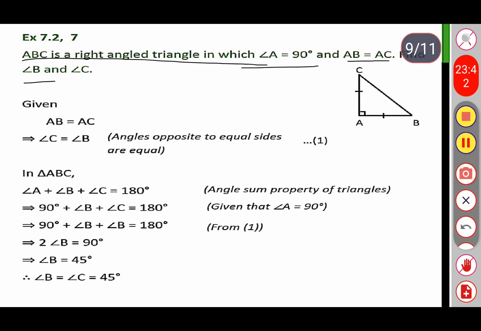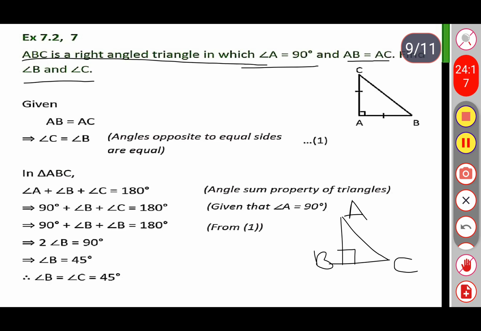Find angle B and angle C. Here you already know, in every right angle triangle, if one angle is 90 degrees, the remaining two angles are acute angles, because the total angle sum property of the triangle is 180 degrees. In a right angle triangle, one angle is already 90 degrees, so the sum of the remaining two angles should be equal to 90 degrees, right? So first consider the given data here.